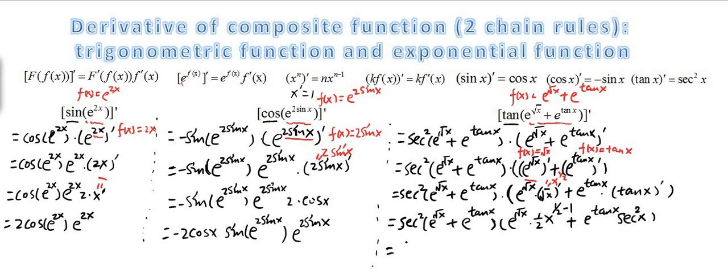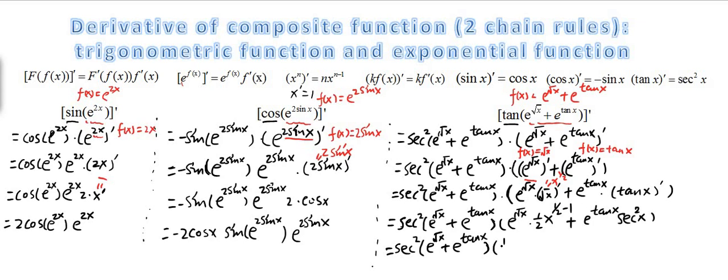Okay, we can continue to simplify it. Secant squared of e to the power square root of x plus e to the power tangent x, times, here is 1/2 minus 1 gonna be negative 1/2.